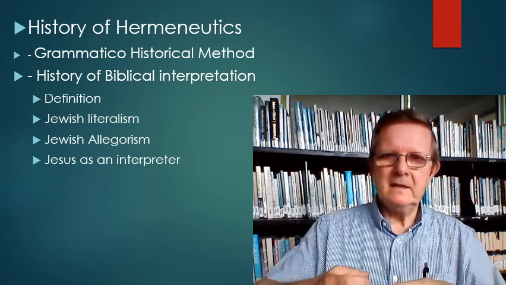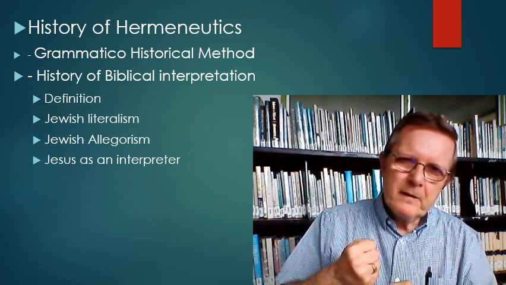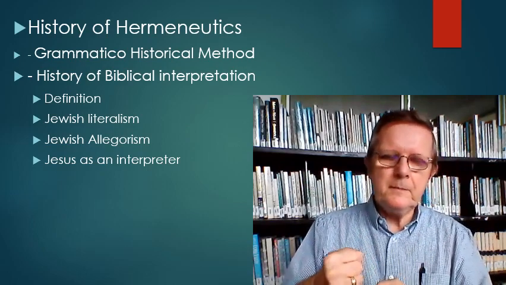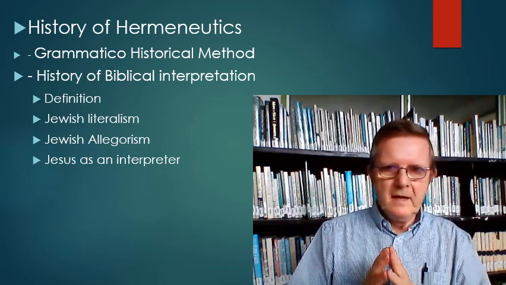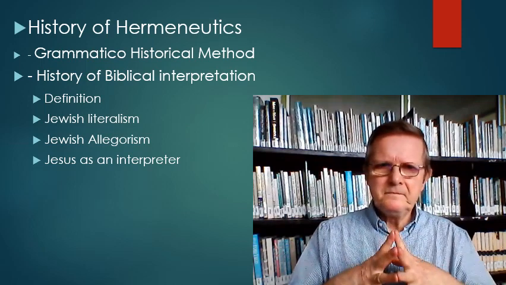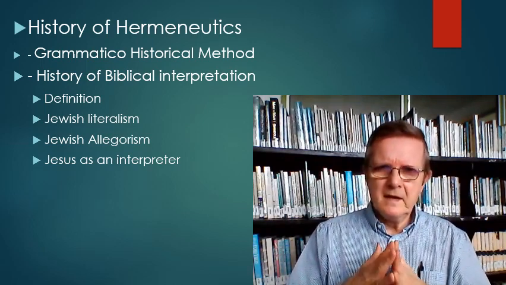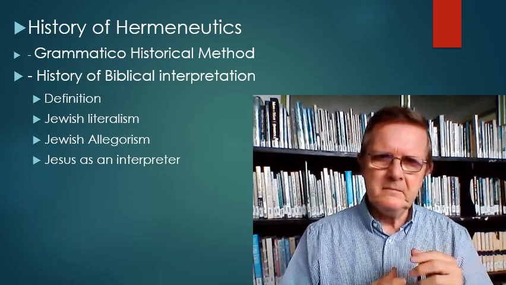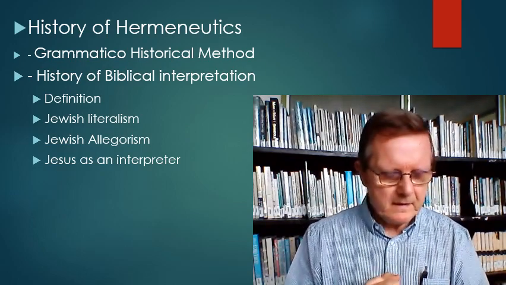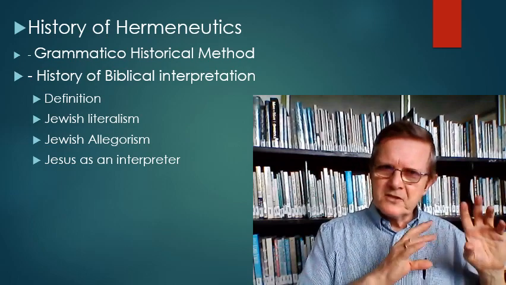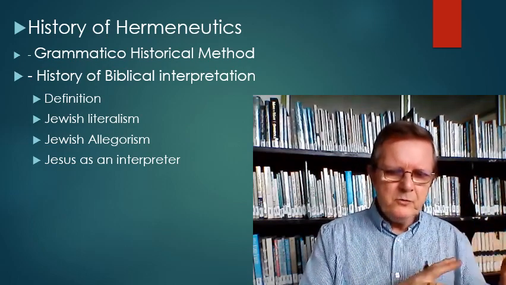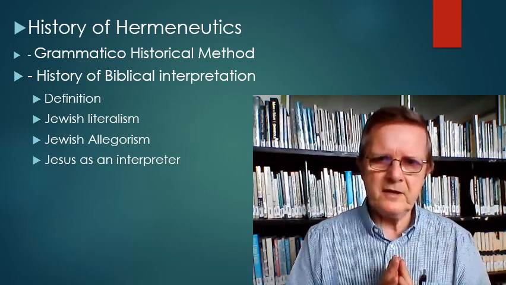It's a type of forced interpretation. And Alexandria was very strong on it. Alexandria in Egypt, in Africa. It was the center of what is called Jewish allegoric interpretation.